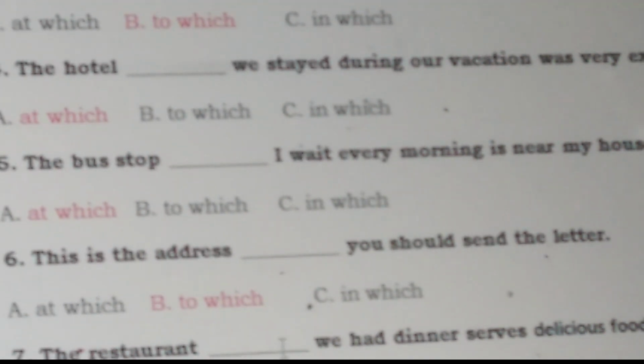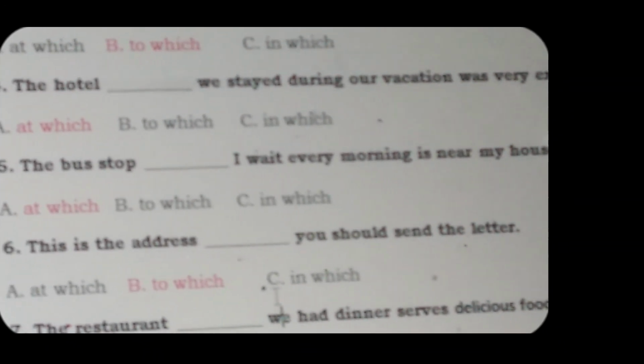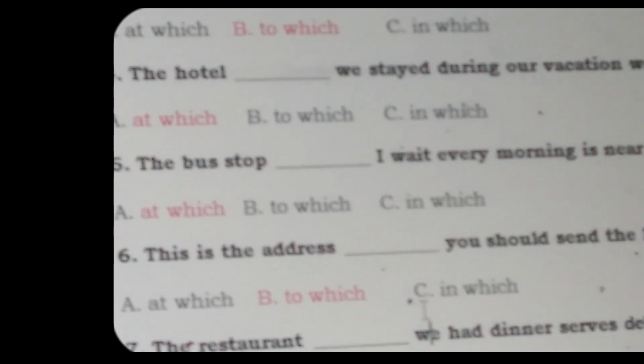Number 7: the restaurant at which we had dinner served delicious food. Which restaurant? Something specific, a specific place with delicious food. So for something specific, we have to use at, which is the best answer. Great.